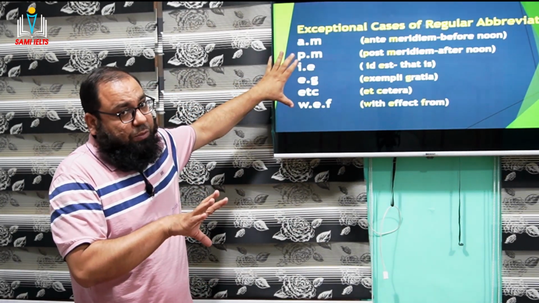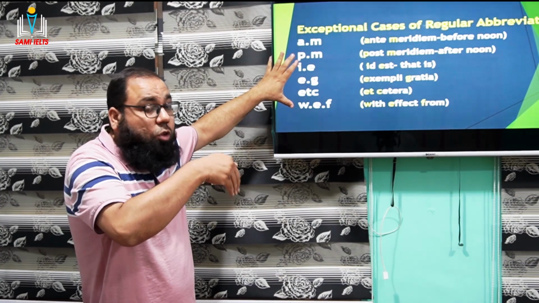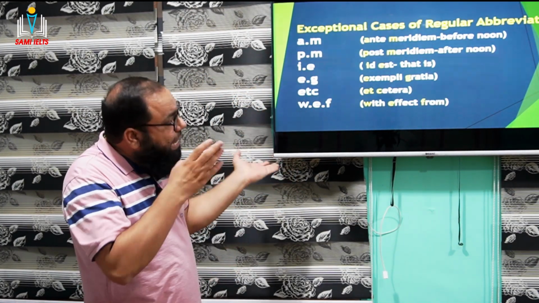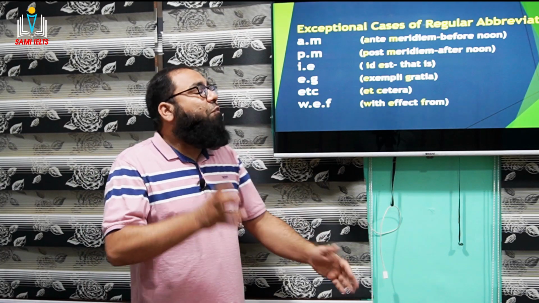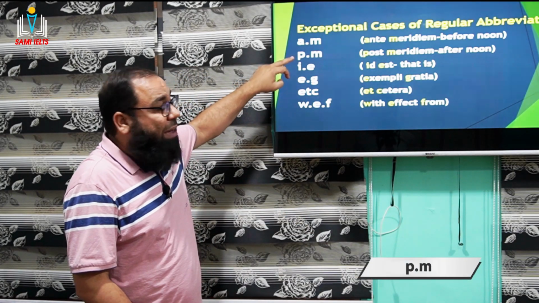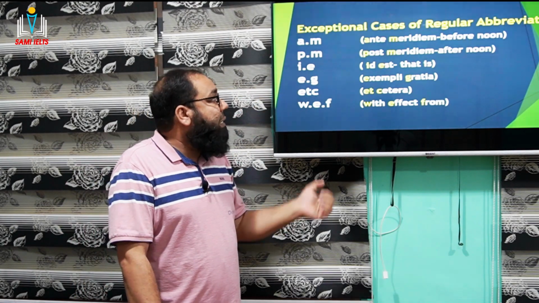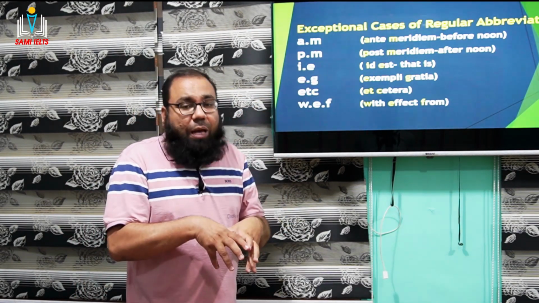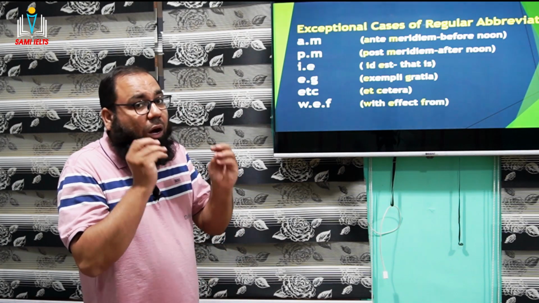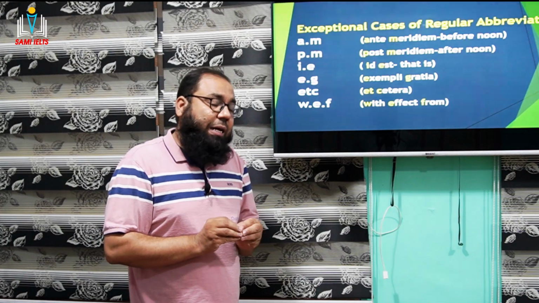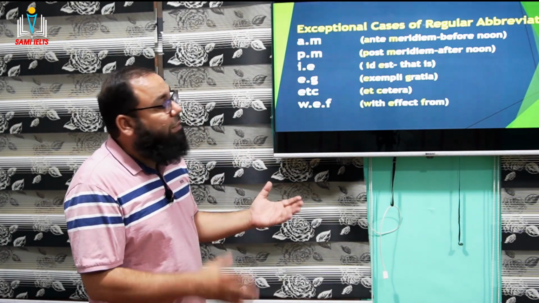Although they are individual abbreviations, yet they are written small. For example, if I say AM, PM, IE, EG, ETC, WEF, right? These are all individual abbreviations, but they are never written in capital letters. They're always written in small letters.